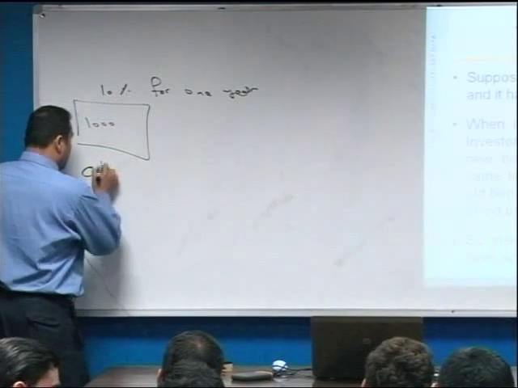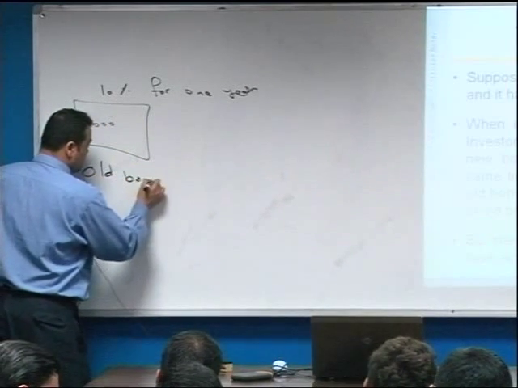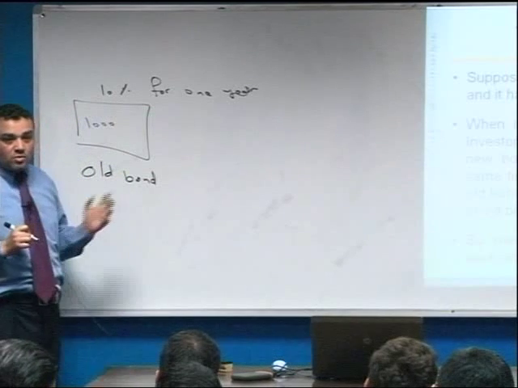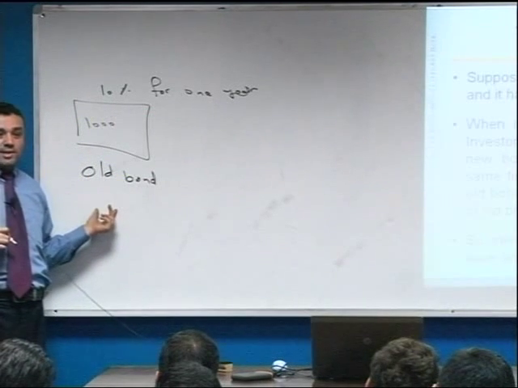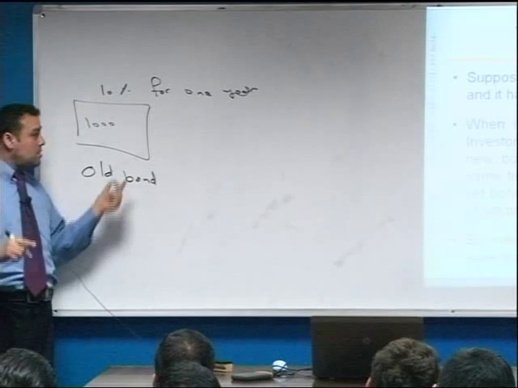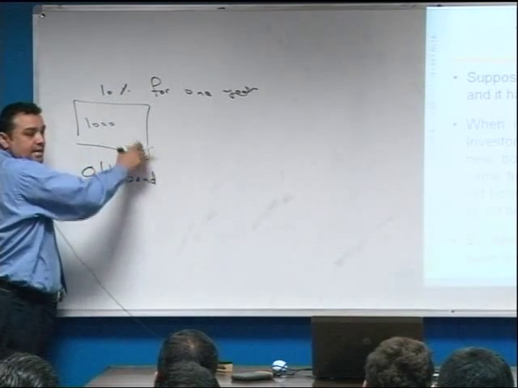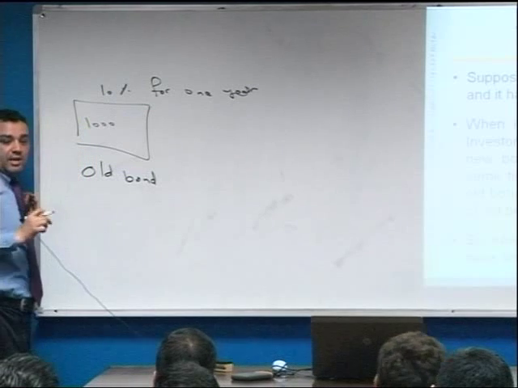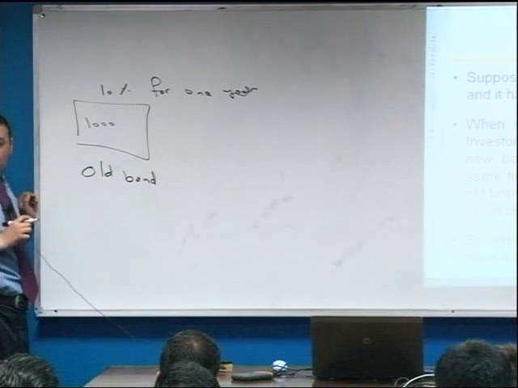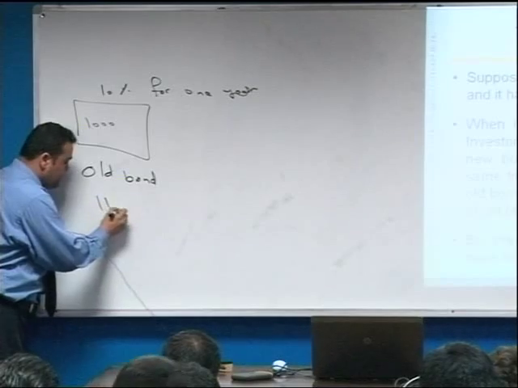It's called the old bond. So if I want to sell it, the interest plus the initial amount of the bond, سيكون عندي 1100.